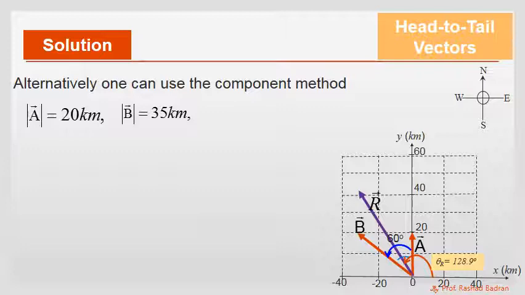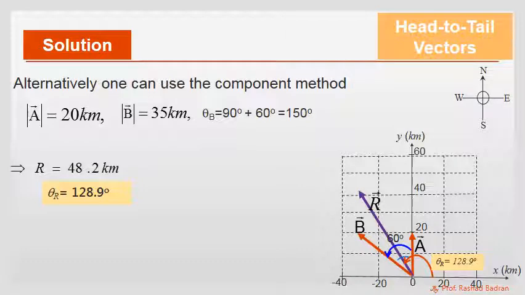In addition, the angle of the vector B with respect to the positive x-axis can be obtained by adding 90 to 60 degrees. That is 150 degrees. Following the same method we have done before, we get the magnitude of the vector, 48.2 kilometers, and the direction the same as we did in the previous example.